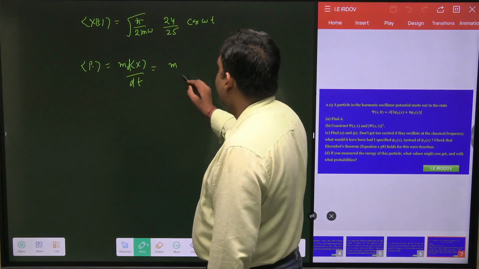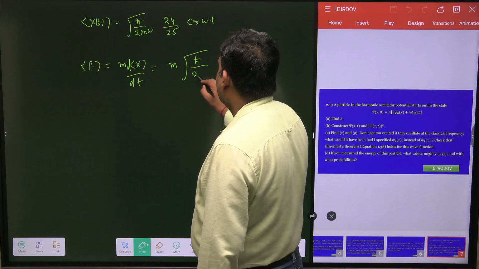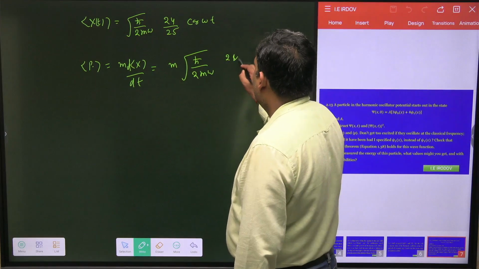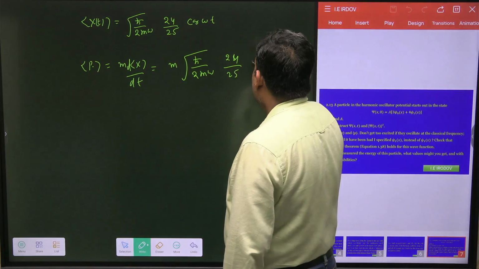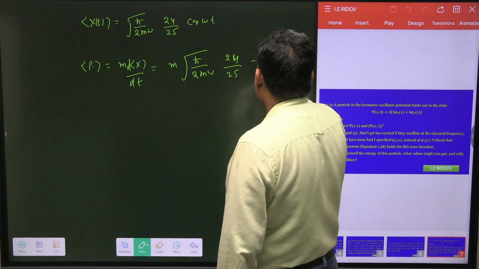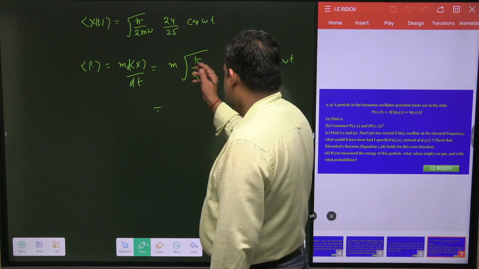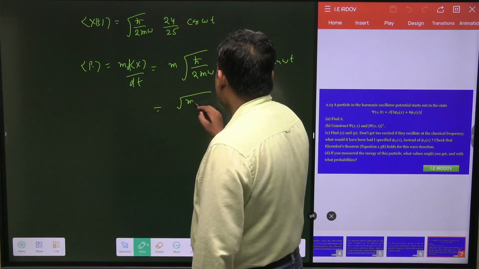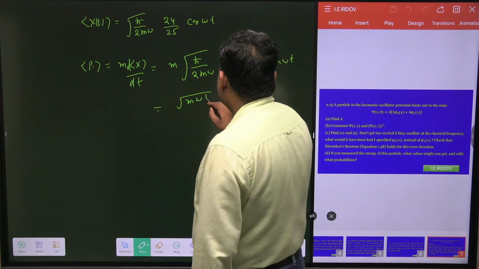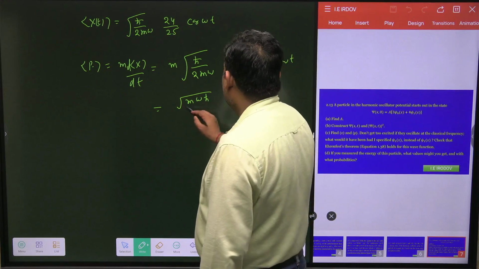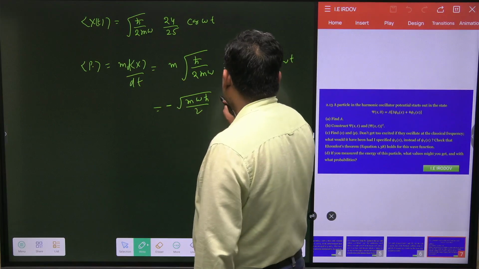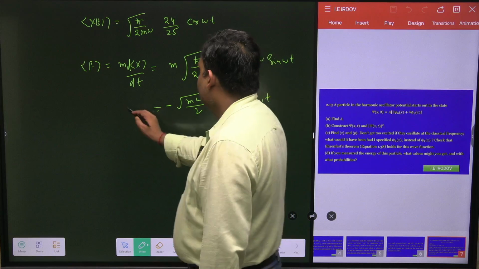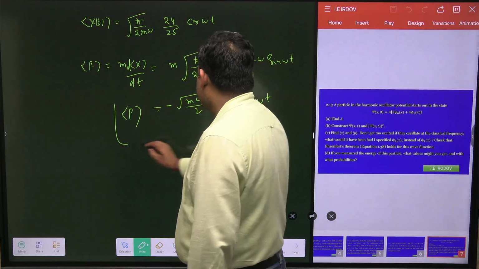We will get m times the root of ħ/2mω, and we have 24/25 times minus ω sin ωt, and we will find the exact dimension of ω, and that value is equal to minus mωħ/2 times 24/25 sin ωt. This is my average value of momentum.